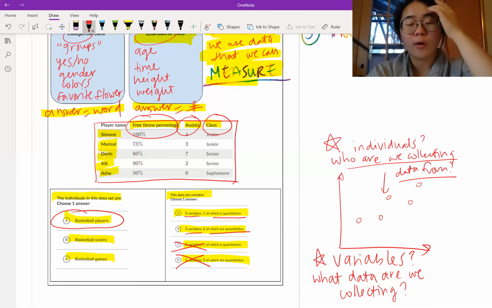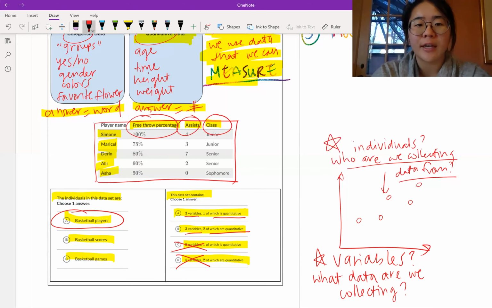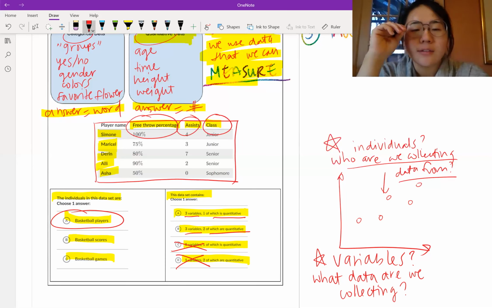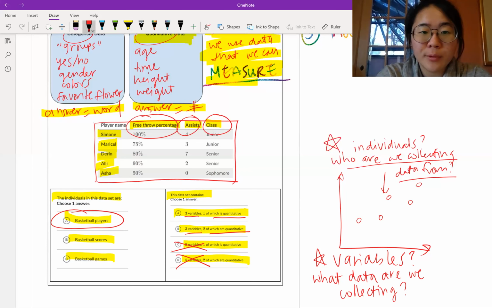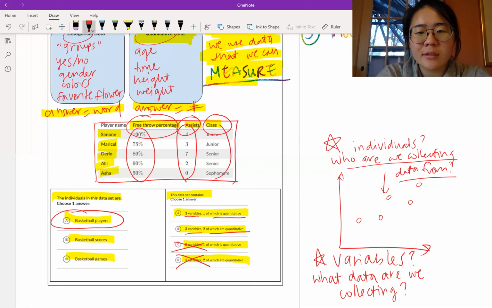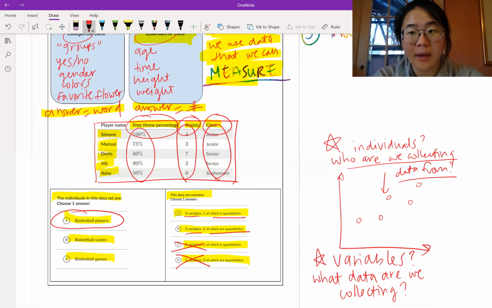So once again, quantitative means things that we can measure, or the answers are in numbers, right? In this case, free throw percentage is something we can measure. Assists is a number that we're measuring. Whereas class is categorical because our answers are words and we can't really measure your grade, right?